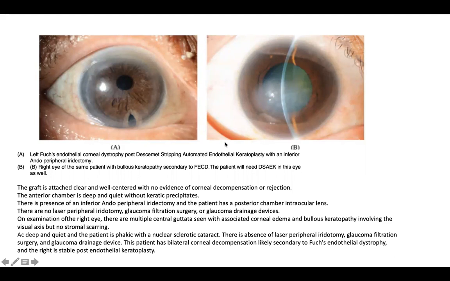The other eye, the left eye, there is multiple central guttata associated with corneal edema, bullae, same as you mentioned, involving the visual axis, and no stromal scarring. AC is deep and quiet. There is a nuclear sclerotic cataract, no iridotomy, no sign of glaucoma surgery. This probably means the patient has had bilateral corneal decompensation due to Fuchs endothelial dystrophy and underwent keratoplasty.